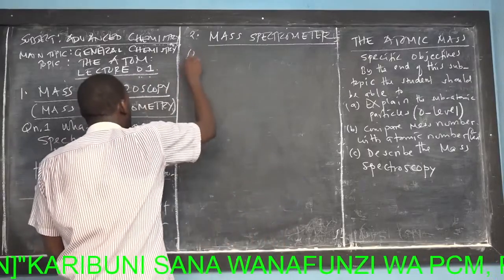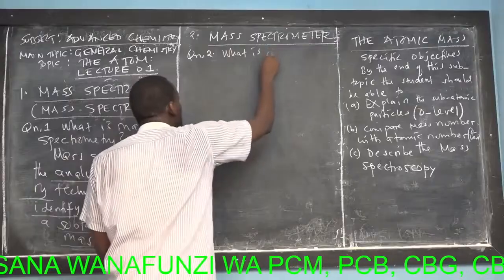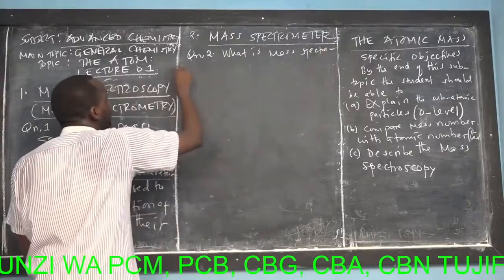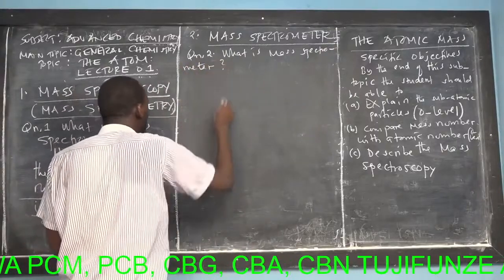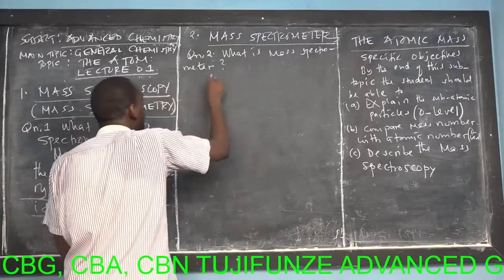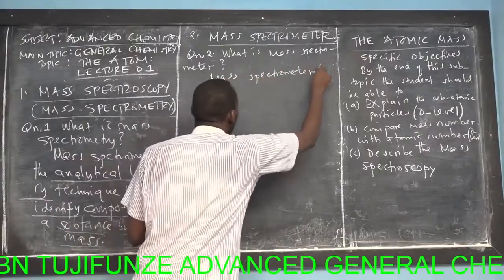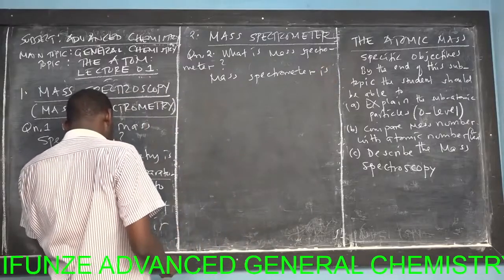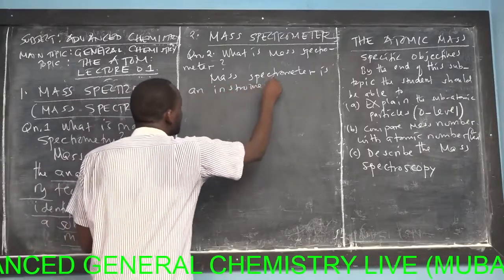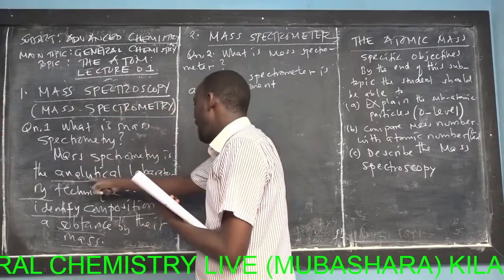So the second question that we have to ask ourselves is this: what is a mass spectrometer? A mass spectrometer is an instrument. This was not an instrument; this is the technique.